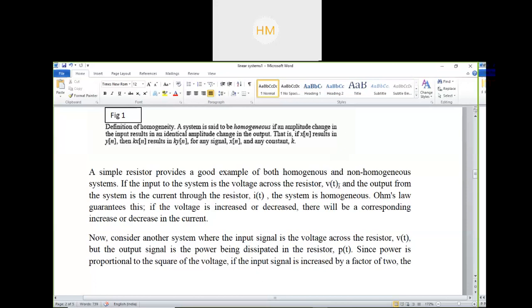The input voltage is v of t, and the output from the system is the current through the resistor, i of t. So V and I are directly proportional. As voltage increases, current will also increase through the device. So V equals I R. Is it clear? So this provides you a homogeneous system. A very basic example of a resistor.